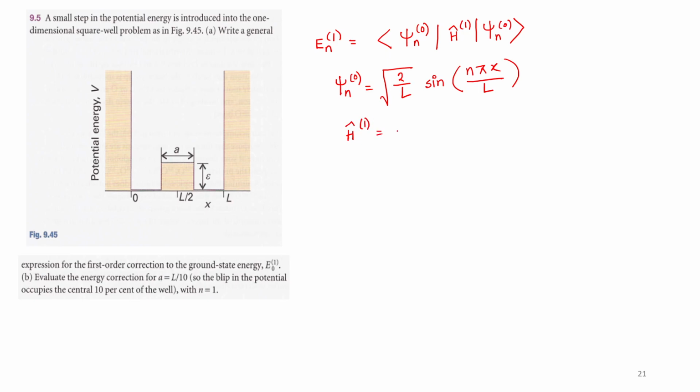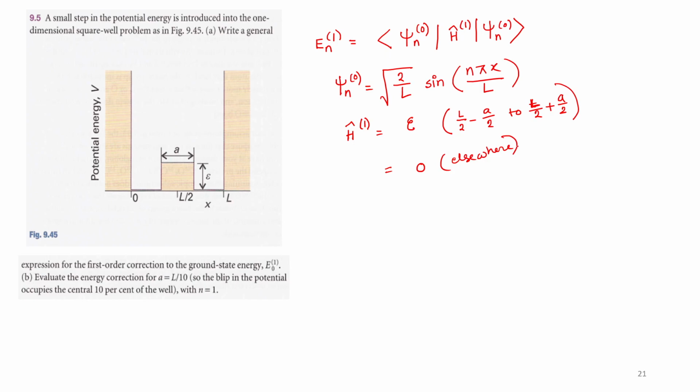You can see your perturbation is actually constant, that is epsilon, and that is also from L by 2 minus A by 2 to L by 2 plus A by 2 in this region, or 0 elsewhere.